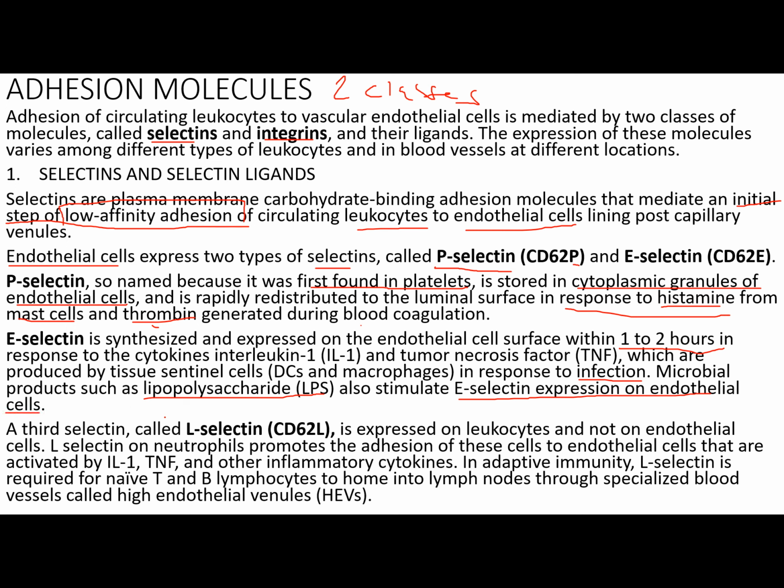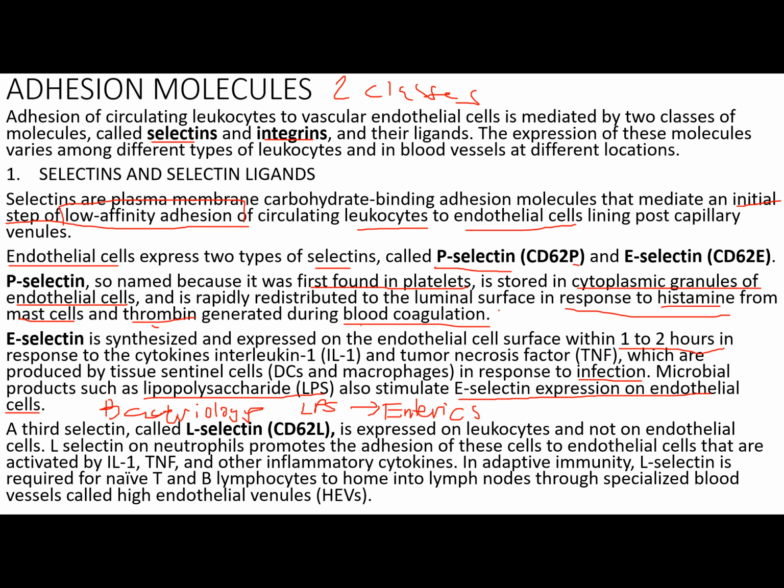Now, what is this lipopolysaccharide, class? If you still remember in your bacteriology, there are bacteria that are composed of lipopolysaccharide, and one of those is your enterics. So this is what you need to remember. P-selectin is released during histamine secretion from mast cell and thrombin, and is seen in blood coagulation.